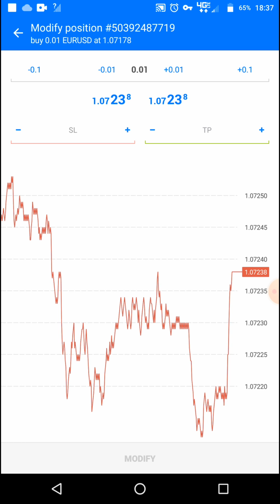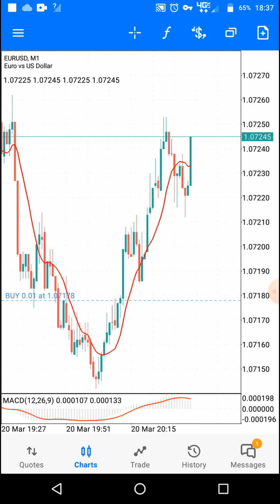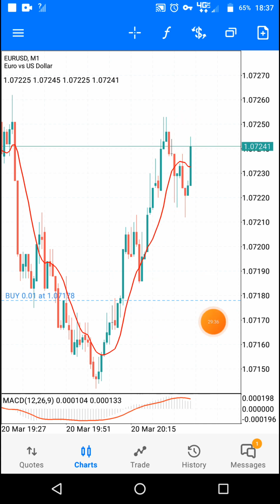So how do we do that? You can go back and view your charts. You know that we bought our price here and now we are making profit.